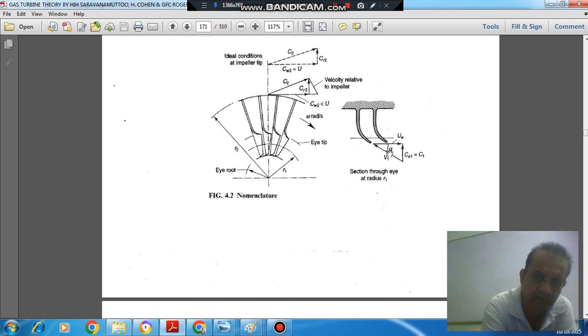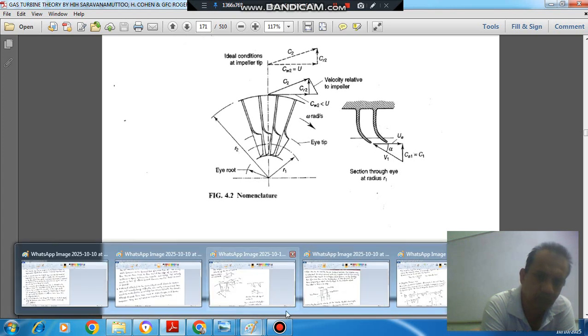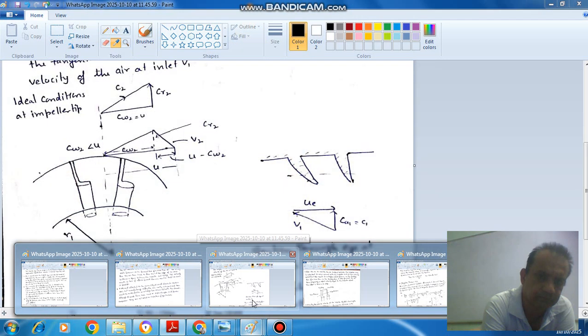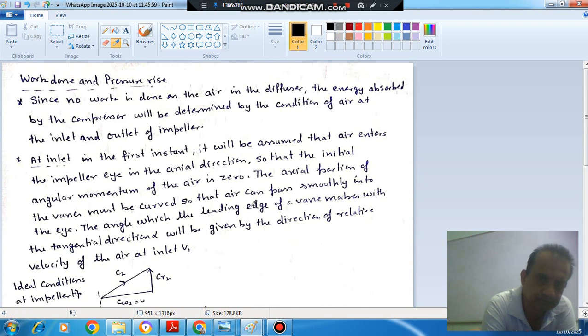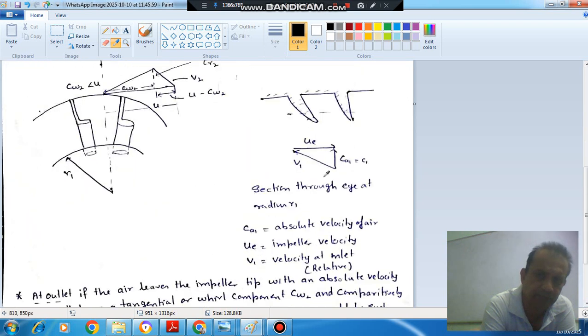This is the relative velocity angle with the impeller, or we can say the vane angle, given by the direction of relative velocity of air at inlet V1. So that is the vane angle, and it is made by the relative velocity. CA1 is the absolute velocity of air. There is only one component of velocity at the inlet, that is CA1, U is the impeller velocity, and V1 is the velocity at inlet, the relative velocity of air.